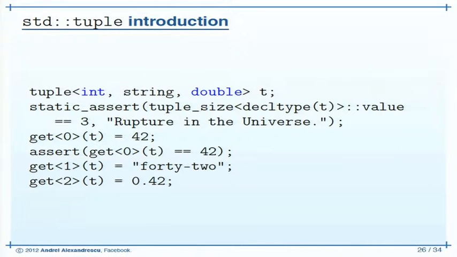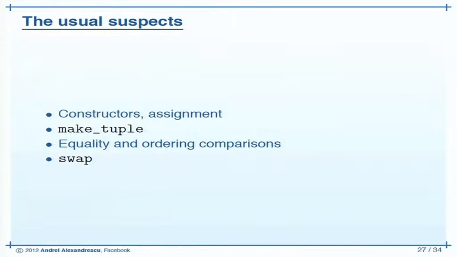You can assert the obvious. get<1>(t) gets 42, and so on, right? So you can read and write using the get template, and you just pass the 0-based index of the element into get's template argument. All right, why do you think it's not t.get<0>? I'll explain in a second.